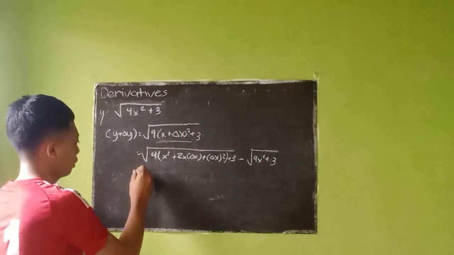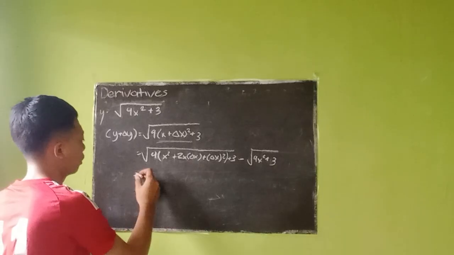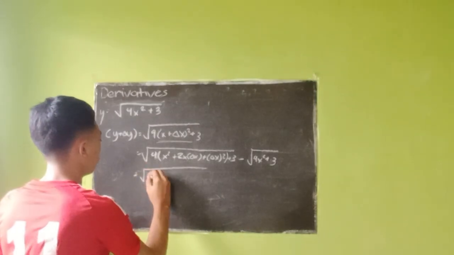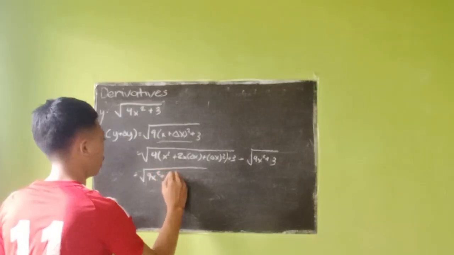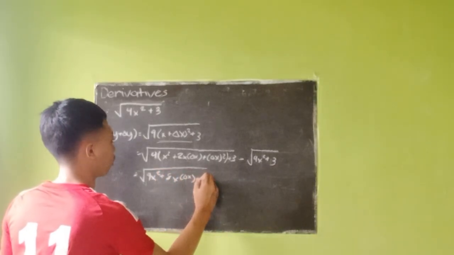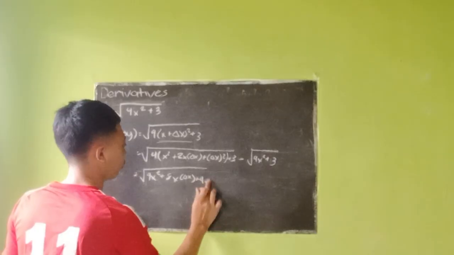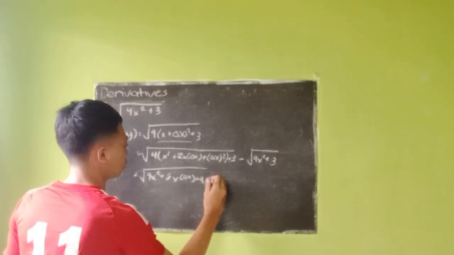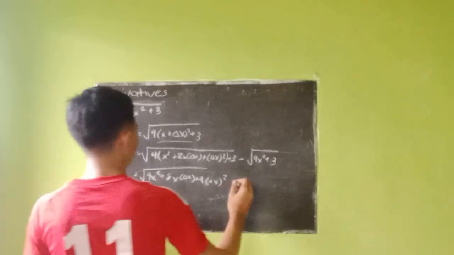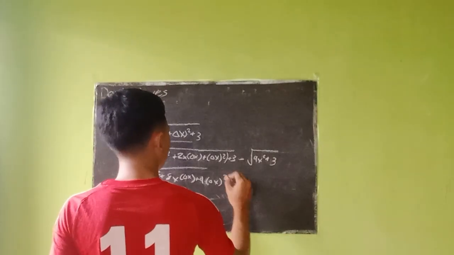After that, by distribution, we have 4x squared plus 8x delta x plus 4 delta x squared plus 3, of course.